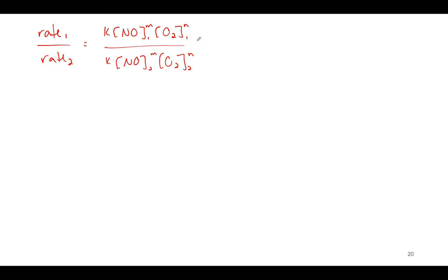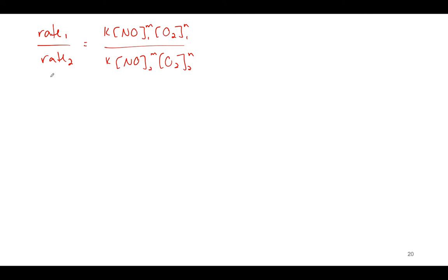So this type of setup of looking at the rate for one of the trials divided by the rate of another one of the trials is always going to be our initial, out of the gate kind of setup. This proportion is going to be super useful to us, and it may not initially seem like it because there are so many variables here, but check this out.